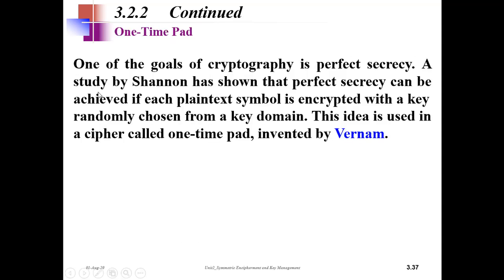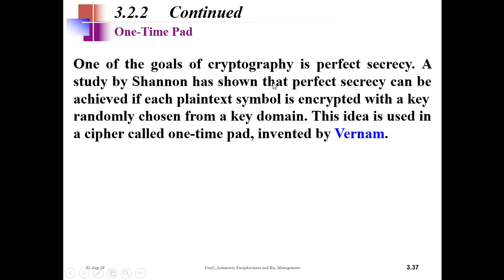Next is the one-time pad. What is the one-time pad cipher? One of the goals of cryptography is perfect secrecy. A study by Shannon has shown that perfect secrecy can be achieved if each plaintext symbol is encrypted with a key randomly chosen from a key domain.